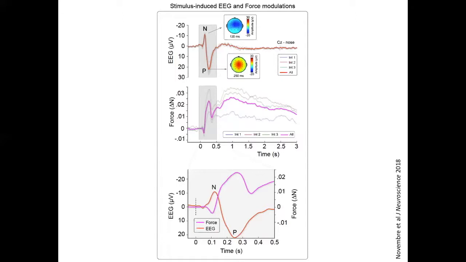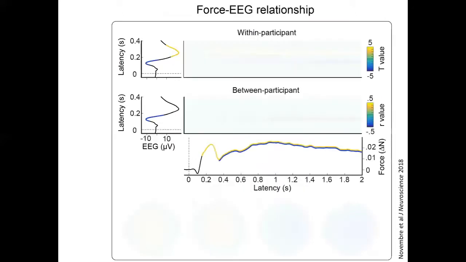And then what we did here is a bit complicated, but I hope to explain. We looked at the variability of this vertex wave from trial to trial and the variability of the force from trial to trial. So we have brain activity here, negative and positive, and force modulation across time. And then we did a correlation for all time points, looking at within-subject variability between modulations of brain and force.